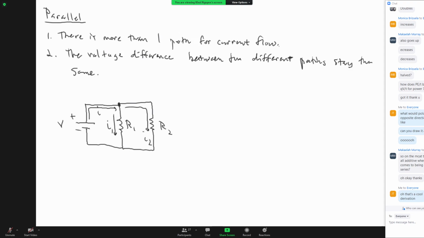So Kirchhoff's junction rule simply states current going into a junction, the total current, is equal to the current coming out, I1 plus I2. So I can be rewritten as the voltage divided by the resistance, plus the voltage divided by the resistance.